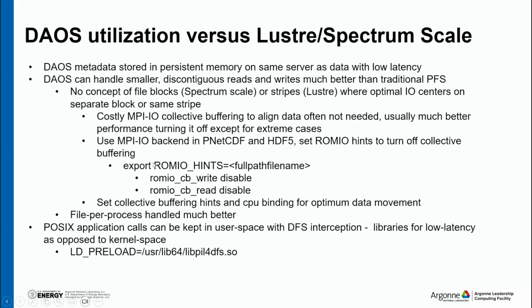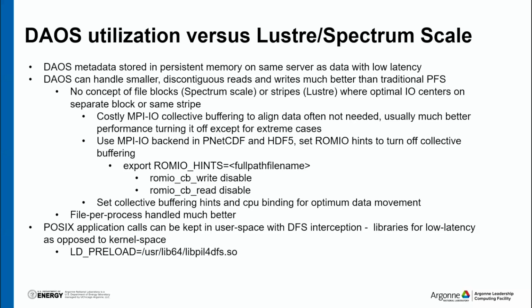With MPIO, you set the ROMIO hints environment variable to some hints file name, and then within the hints file, you just put in these two different parameters to disable the reading and writing of collective buffers. And there are some hints in here you can add for optimum data movement if you do collective buffering, and I'll put these in there for reference for the file.